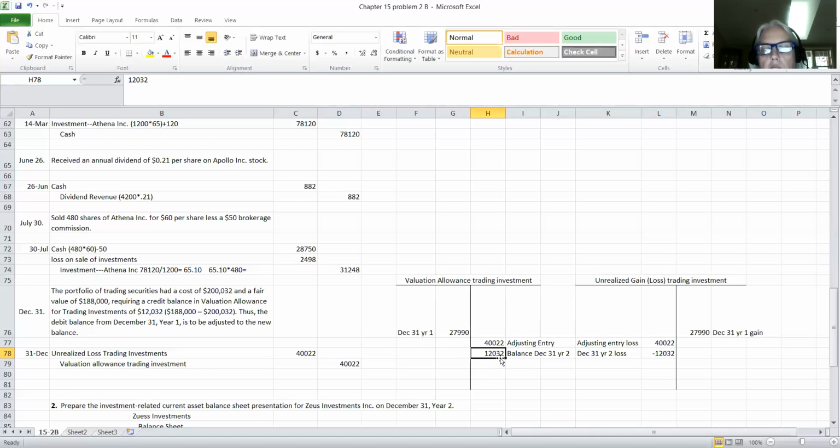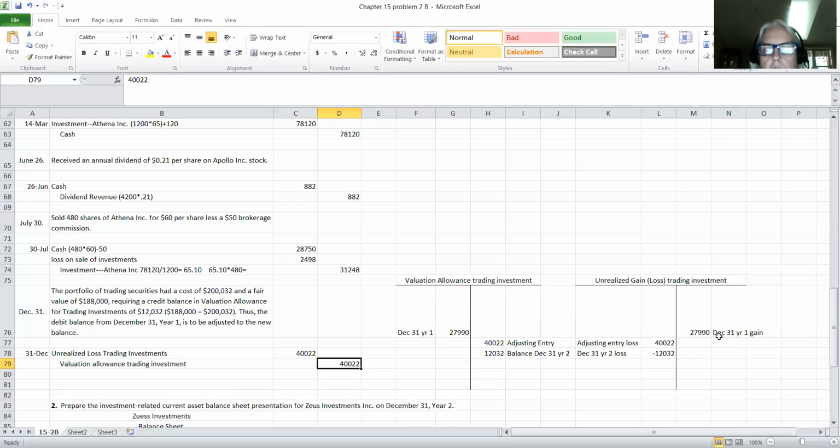Now it's gone into a credit balance. We have to know how to get there. And the only way you can go from this positive amount down to a negative amount is to add the two of these together. That will give us $40,022, which is the total amount of the adjusting entry for the valuation allowance. Notice that the valuation allowance is credited for this amount.